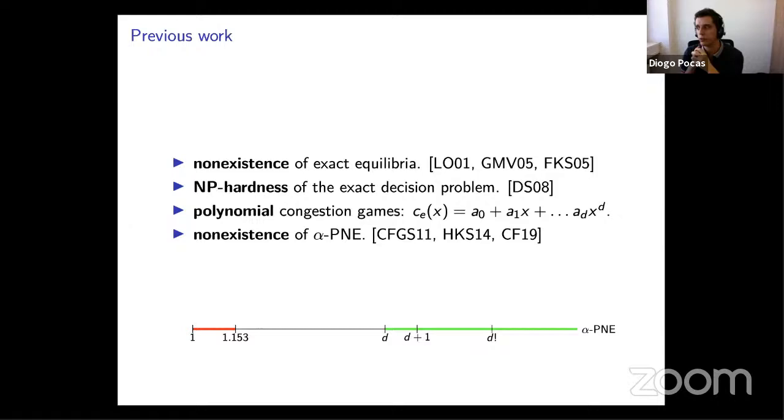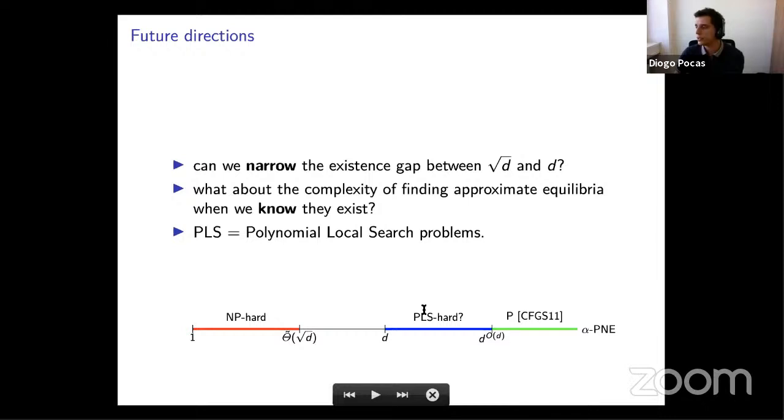Of course, if all the coefficients are polynomially bounded, then that would be an interesting question, because we know that if these are polynomially bounded, then, for example, for the unweighted case, you can find an equilibrium in polynomial time. So this would kind of answer this other question about the hardness of computing.